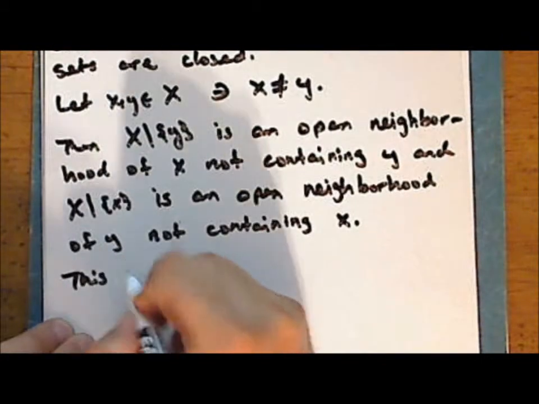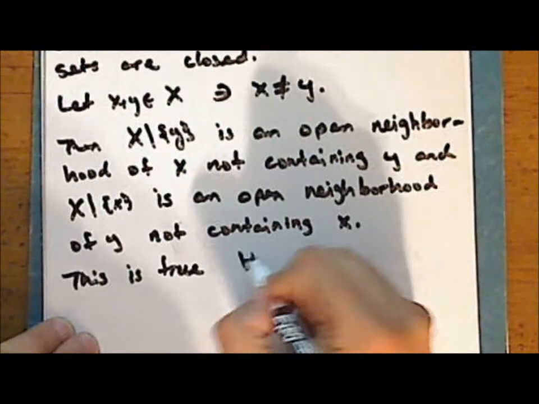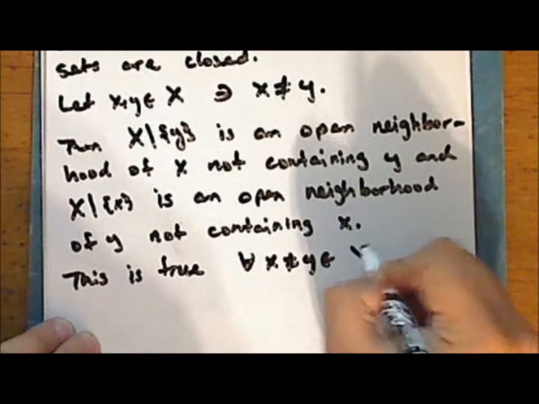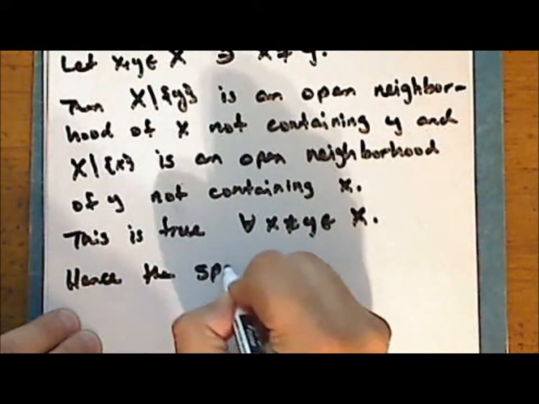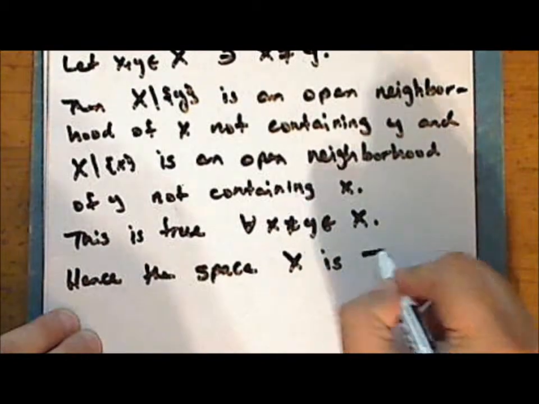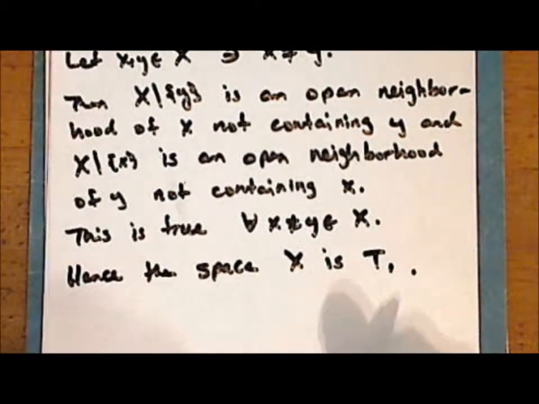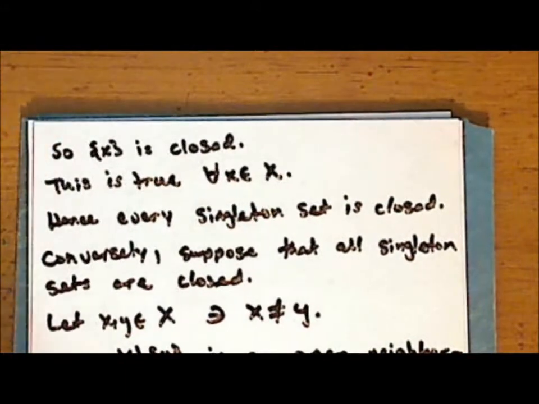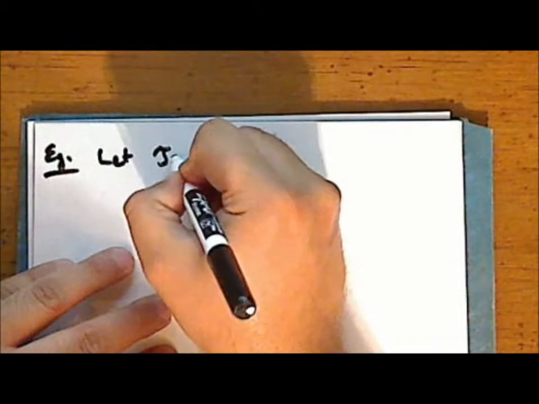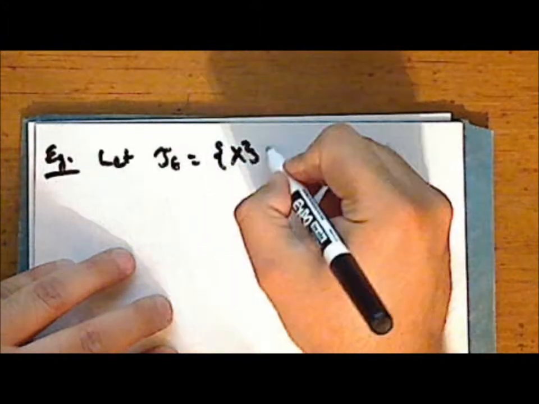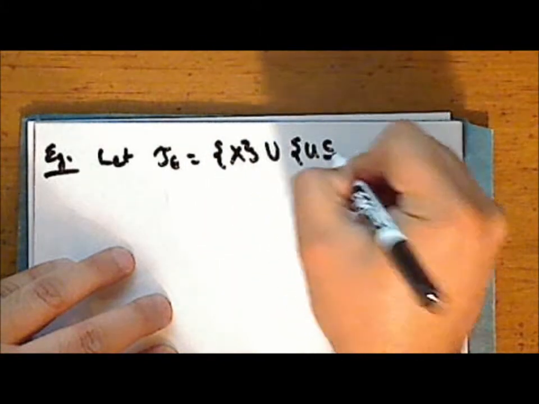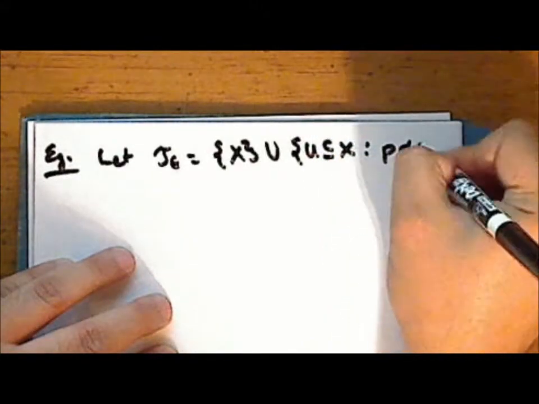Now this is true for every distinct pair of points x and y in the space X, and hence the space X is T1, or Fréchet. So let's apply this theorem. So let tau sub E be the set, which is the union of the set containing the set X, together with all subsets of the set X such that the point P is not in that subset.